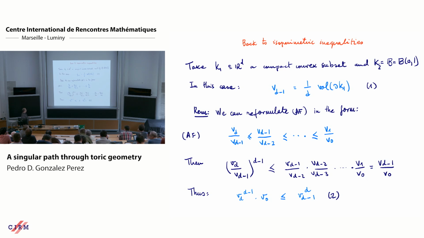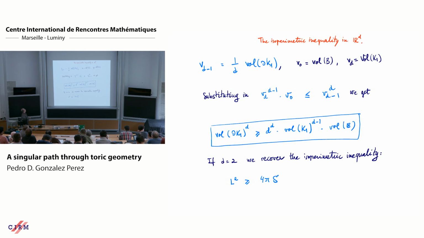Now, in this second inequality, we have V0, Vd, which we know are the volumes of the ball and the volume of the compact set, and V(d-1), which is given by the volume of the boundary.